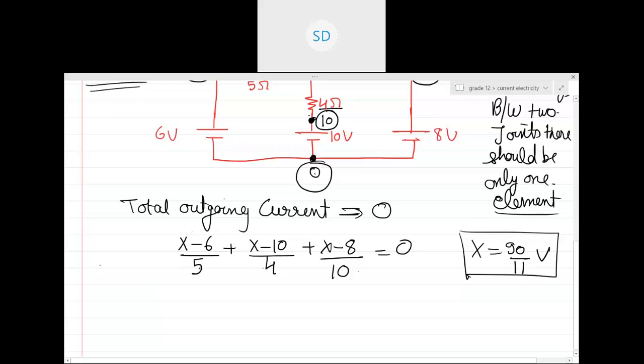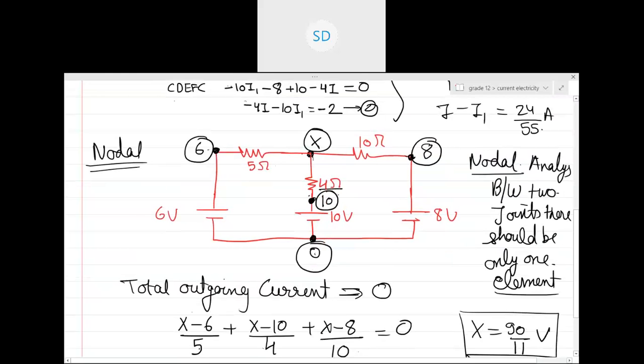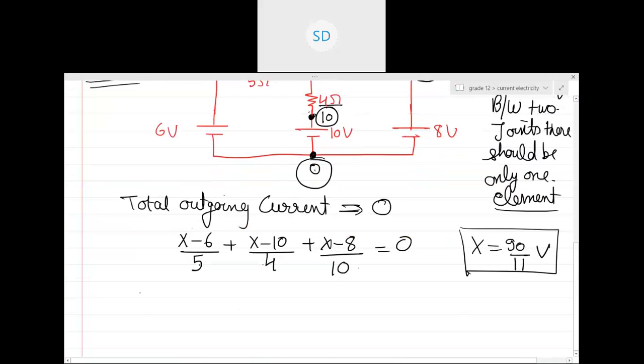This is your X. Now, what is the current through the individual resistors, 5 ohm, 4 ohm, and 10 ohm? The current through 5 ohm is (X minus 6) by 5, which is basically 90 by 11 minus 6.